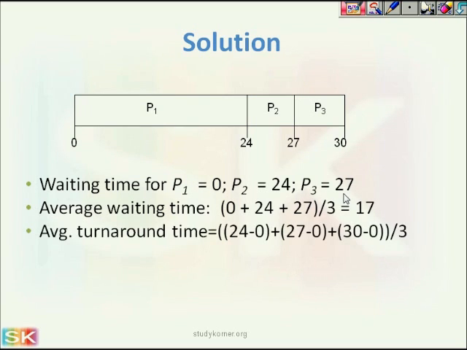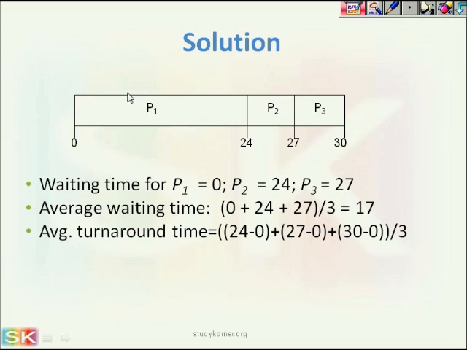Average turnaround time will be turnaround time of P1 plus turnaround time of P2 plus turnaround time of P3 divided by 3. Turnaround time is the difference between the submission time and the completion time of that process.